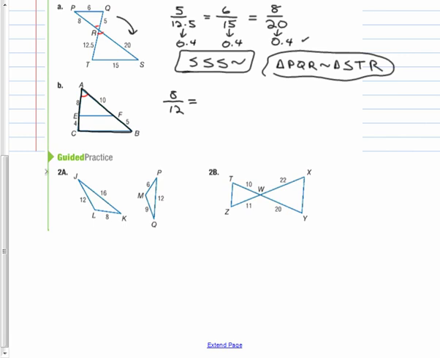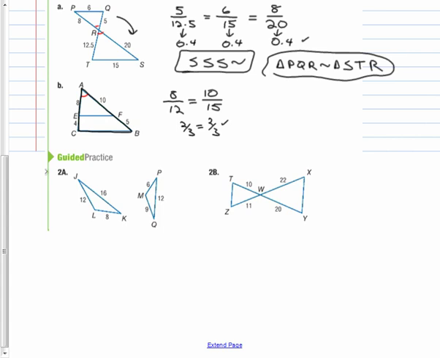So let's see. Does it equal 10 to 15? I want to do a different method. I want you to reduce 8 12. So what goes into both of them? 4 does. So what does it reduce to? 2/3. I want you to reduce 10 15. So what goes into both of them? 5. What does it reduce to? 2/3. They are proportional to each other.